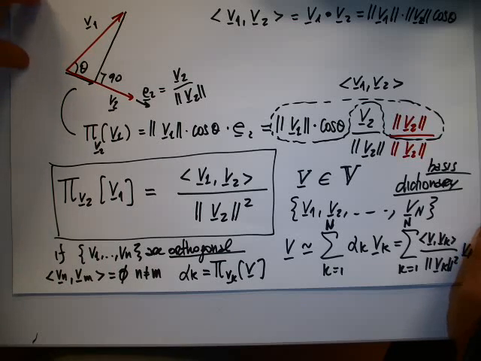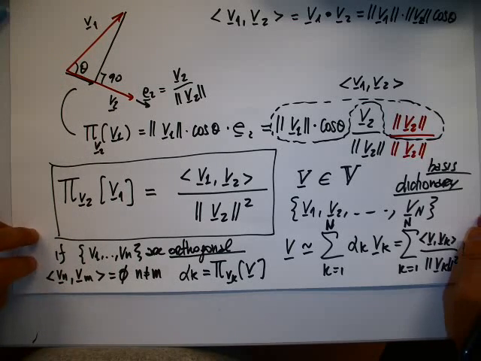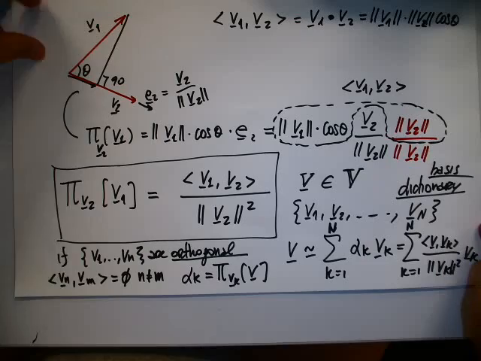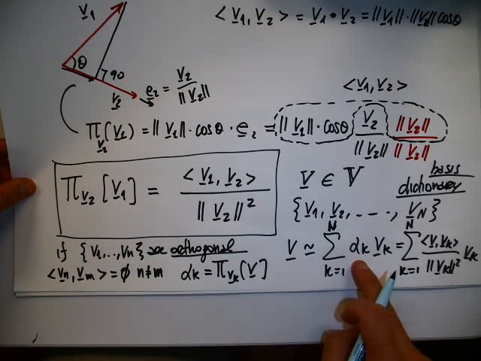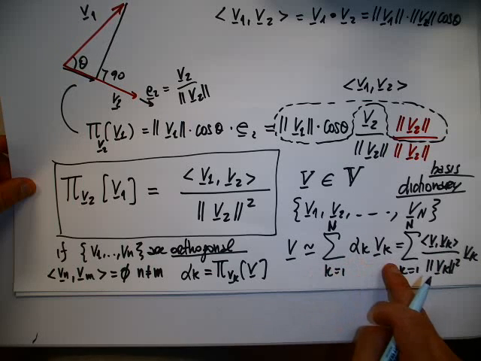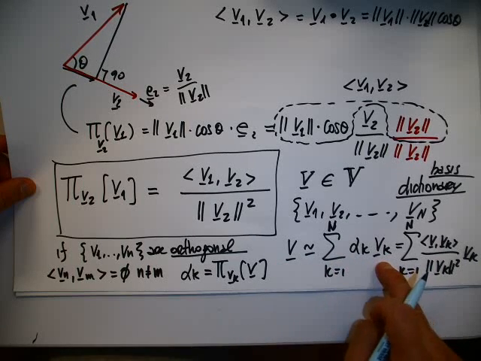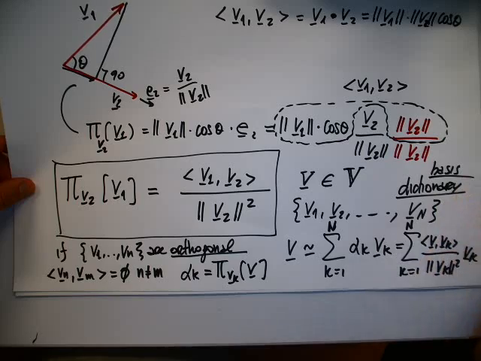And now, that said, let's prove that the optimal coefficient that gives me the best linear approximation of V in terms of this set of bases or dictionary is exactly given by this formula.